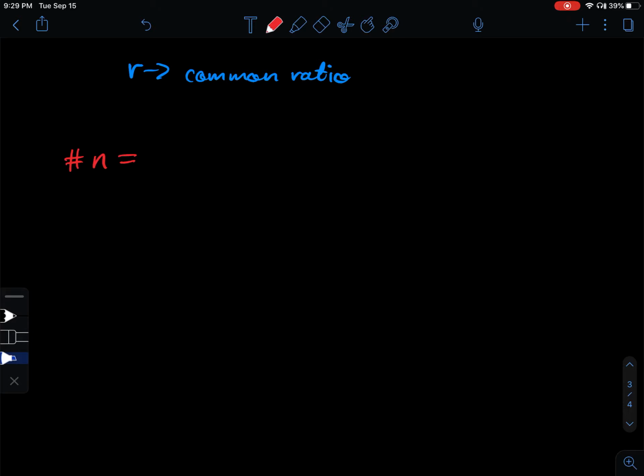Now, we're going to do the same thing by starting off at a, and to go to the nth term, you have to take n minus 1 steps, right? So in each of the steps, you multiply by r. So you multiply by r n minus 1 times. In total, you multiply n minus 1 times, right?